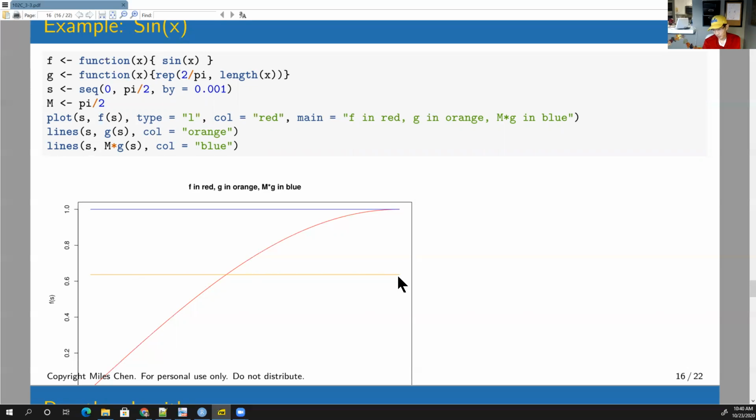And 1 divided by 1.57 is around 0.6 something. If we multiply that by pi over 2, then we get the blue line, and the blue line is always going to be greater than the red line.